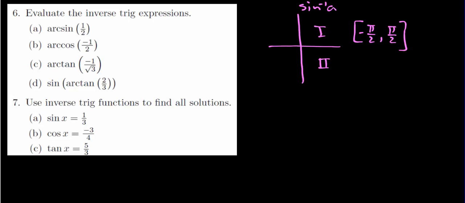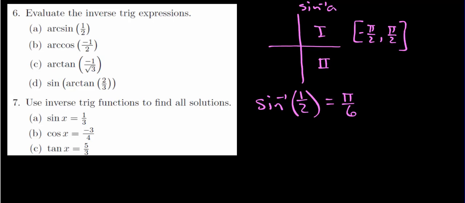So if you say, I want the inverse sine of 1/2, well, it's going to give you pi over 6. That's the output for inverse sine. Now, there are other places on the unit circle where the sine is equal to 1/2. For example, 5 pi over 6.